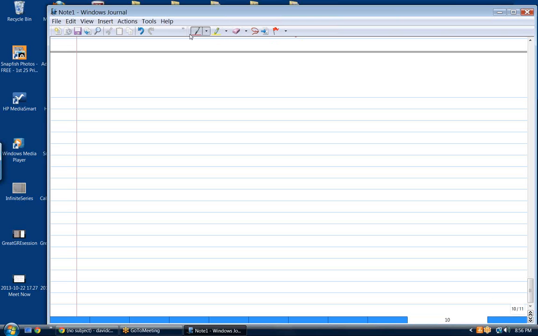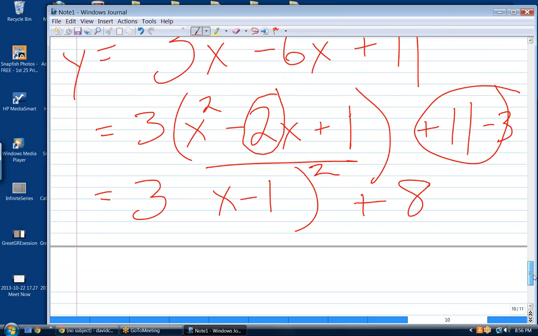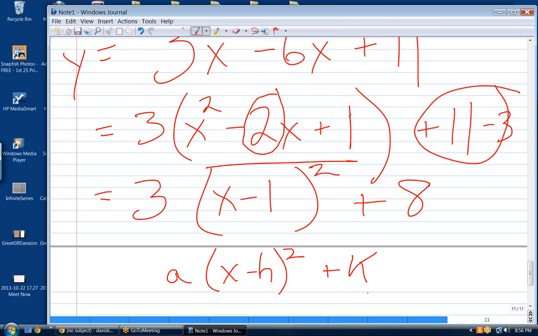Anything else? We got a few minutes. So on that one, your vertex would be -1, 8? No, 1, 8. Remember the format. Always remember your general formula. The general formula is x minus h squared plus k.